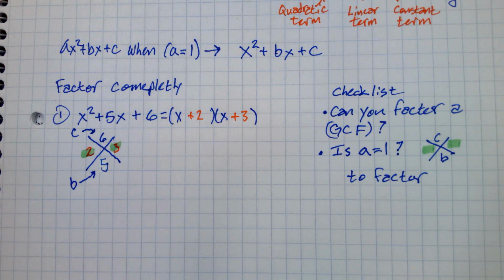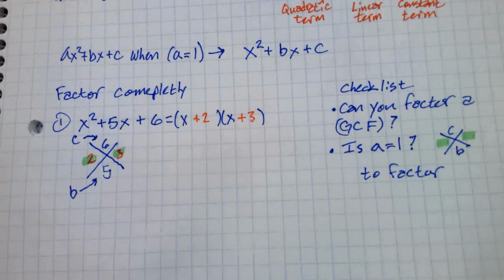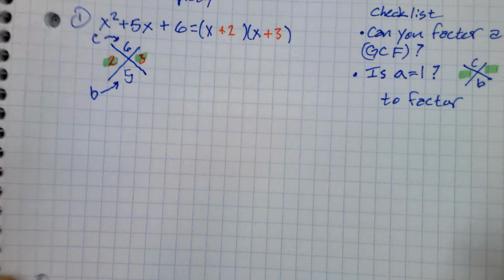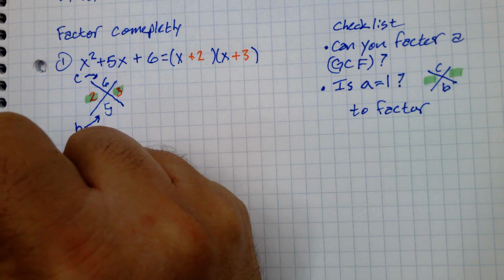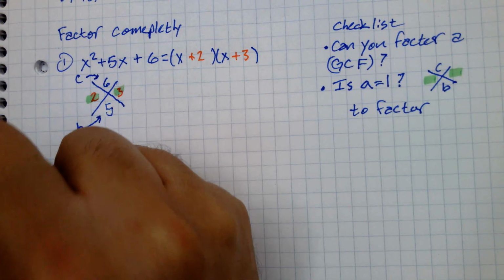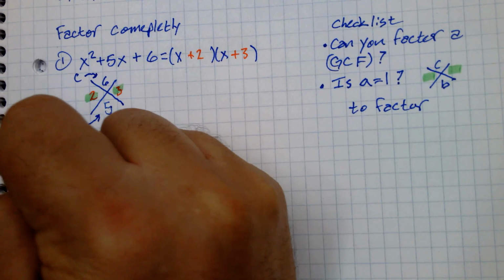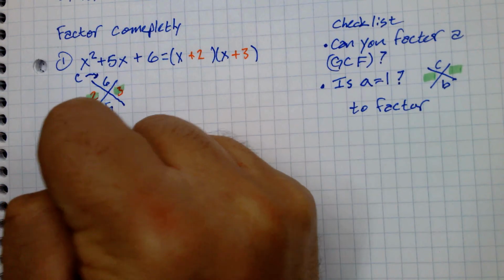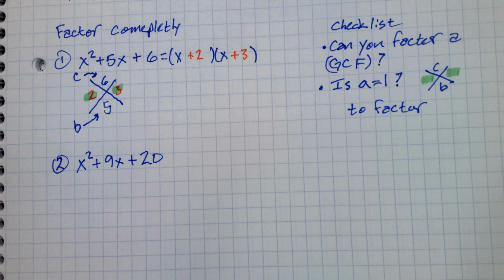All right. Let's try this one. Let's do a few of these. Let's do x squared plus 9x plus 20. Okay.